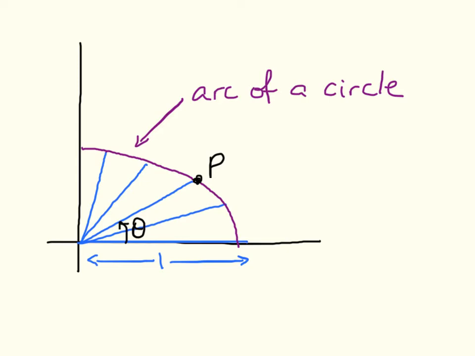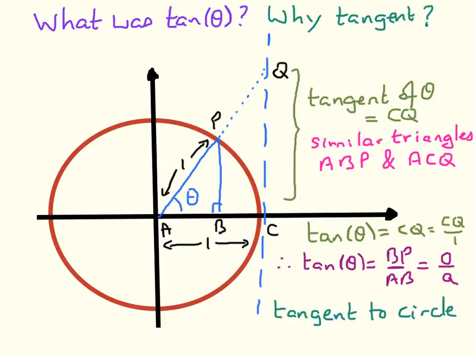But this idea of an arc of a circle that our point will lie on, I'm going to say its length is 1, so the radius of this circle is 1 as well. The angle is measured this way, and this is our point. We're now going to look at that on the next slide and try to see how this helps us to understand the origin of the tangent function.